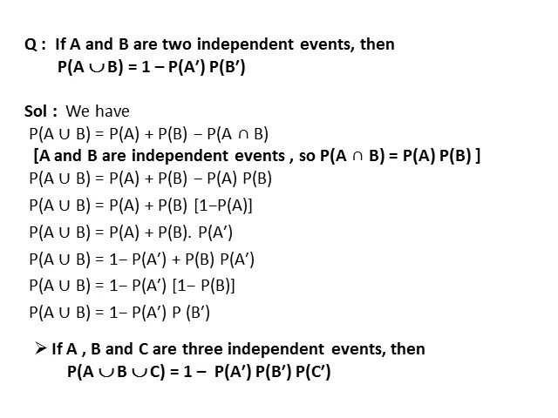Also, we can extend it for 3 or more events. Like if A, B and C are independent events, then probability of A union B union C equals 1 minus probability of A complement multiplied by probability of B complement multiplied by probability of C complement.